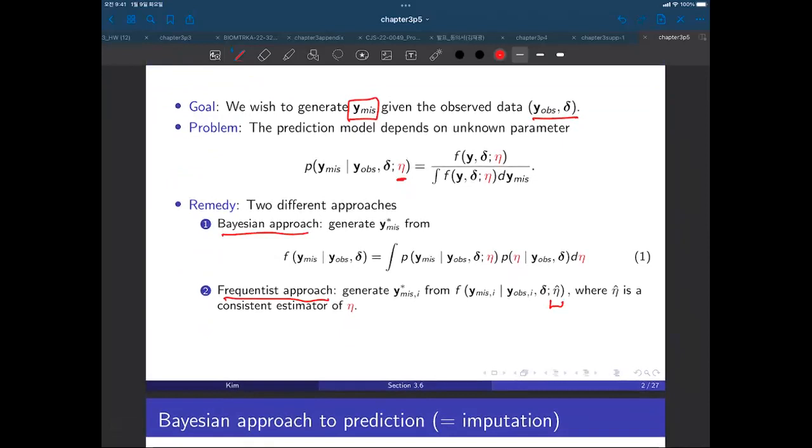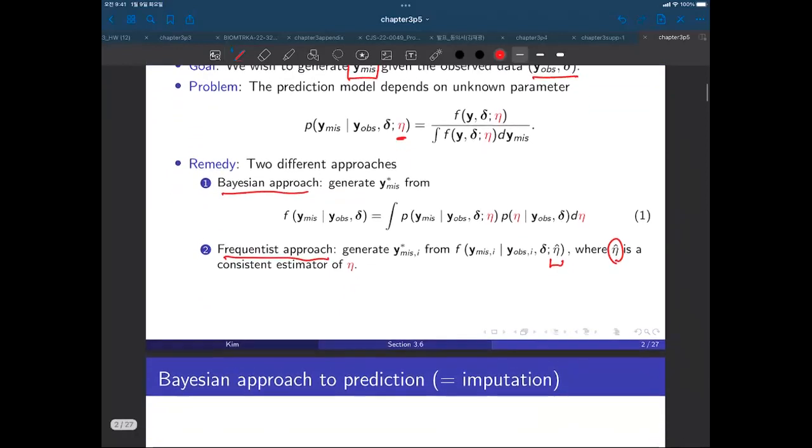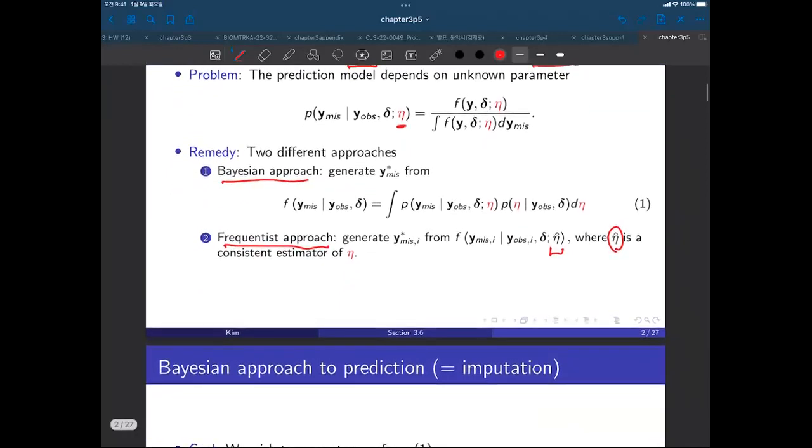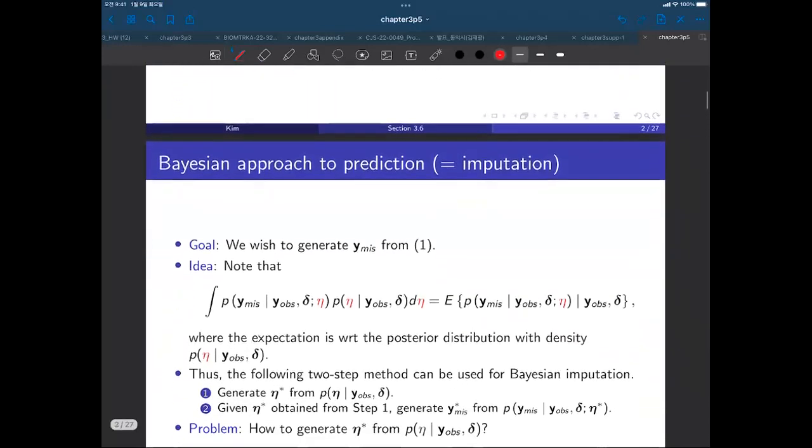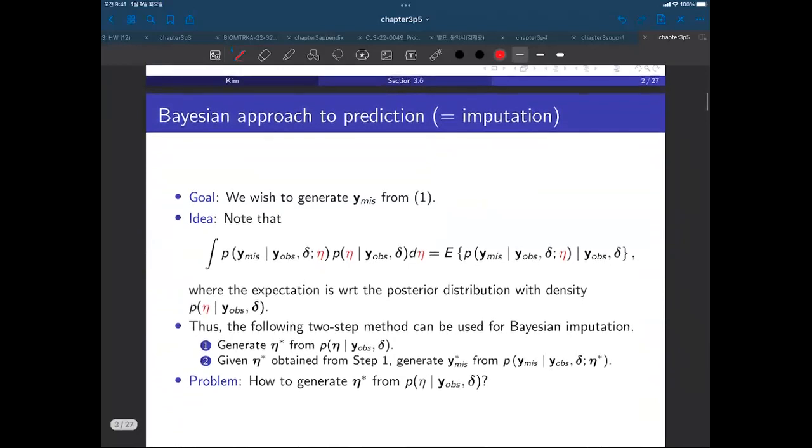Because you don't know the parameter, you plug in a consistent estimator, something like the MLE, and then the conditional distribution is known, right? Then you can do something. The two different schools have different ideas. So now we'll just briefly talk about the Bayesian approach to imputation.